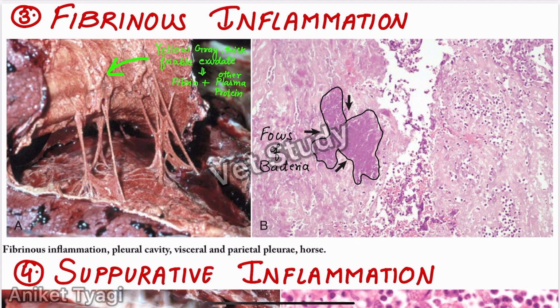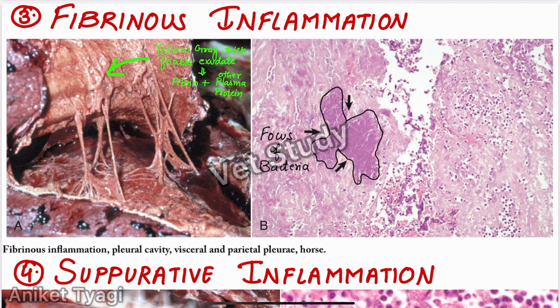And apart from plasma protein, there are no to low numbers of leukocytes, which are responsible for the response of an exudate, right? Fibrinous inflammation occurs with more severe endothelial cell injury that allows the leakage of high molecular weight proteins such as fibrinogen.